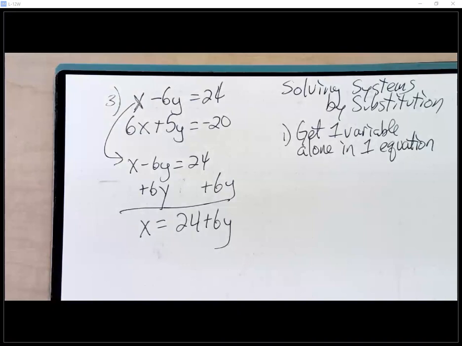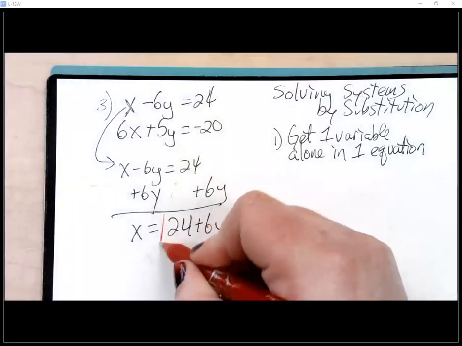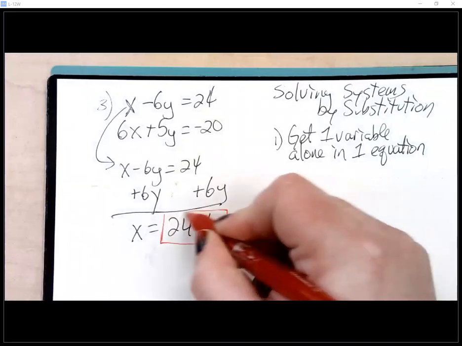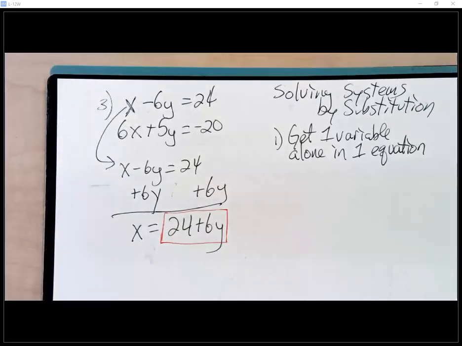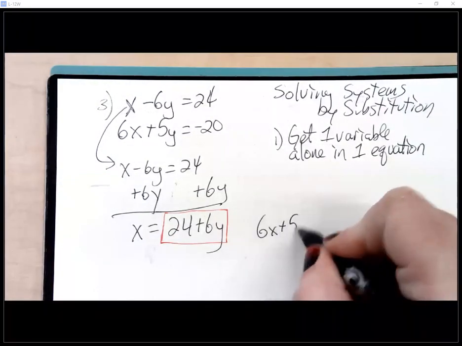And now all I have to do is the substitution part. Why this method is called substitution. So I'm literally just going to take everything that x is equal to, which I have just figured out is 24 plus 6y. So I'm going to take all of this and I go to the other equation, 6x plus 5y equals negative 20.